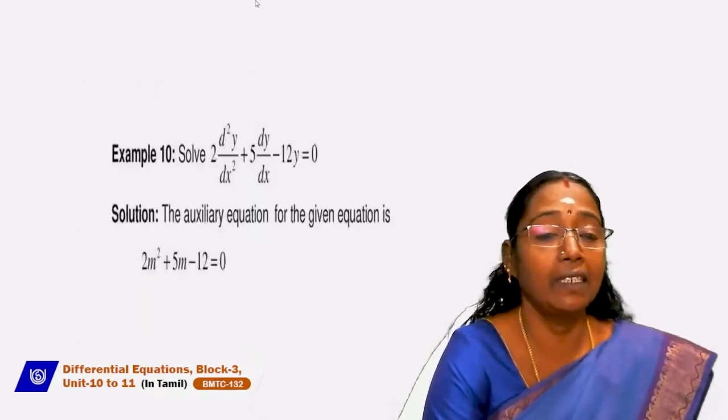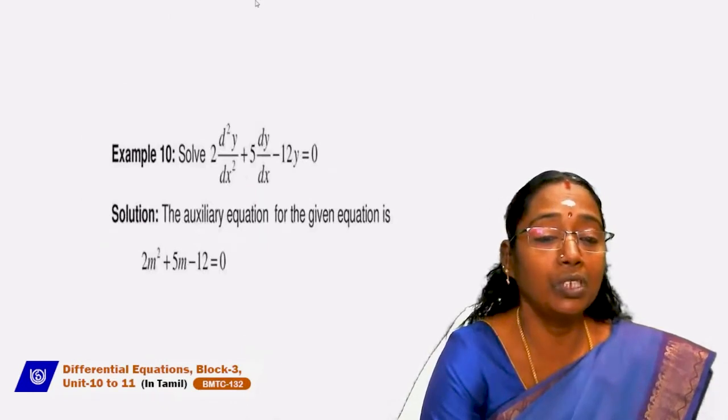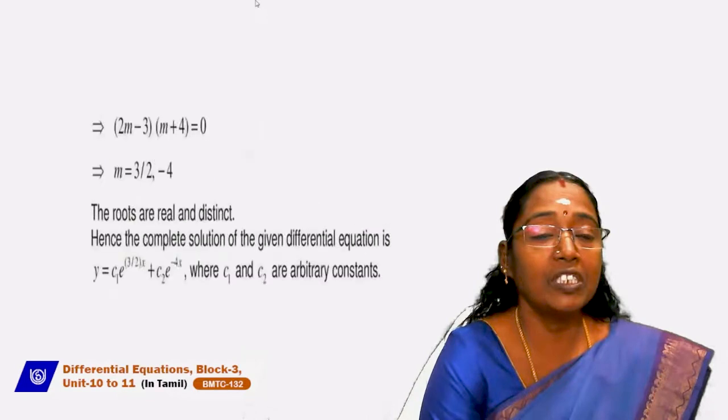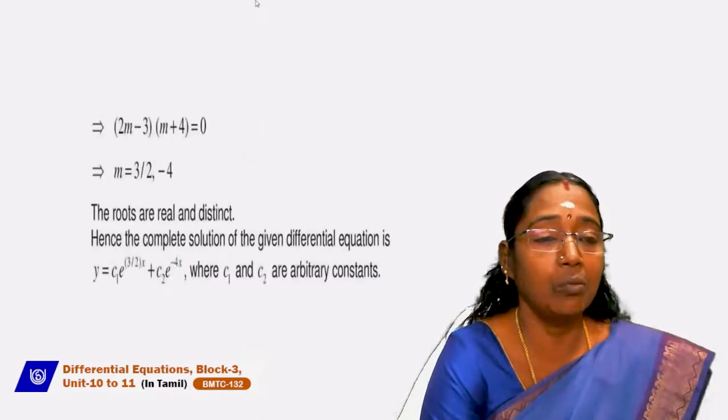Next, example 10. Now solve 2 into d square y by dx square plus 5 into dy by dx minus 12y equal to 0. The auxiliary equation for the given equation is 2 m squared plus 5m minus 12 equal to 0. This auxiliary equation can be factorized as 2m minus 3 into m plus 4 equal to 0.